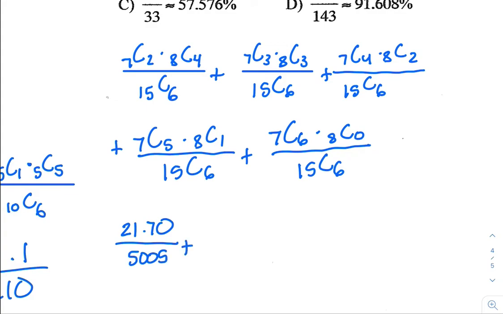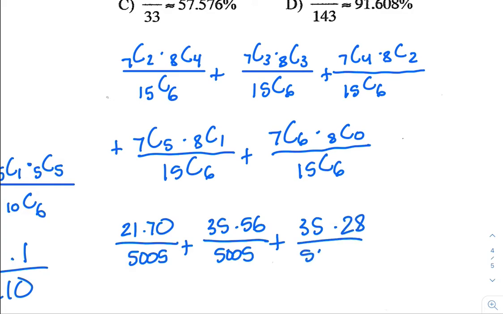Plus, now we're going to do the next one. 7 choose 3, which is 35, times 8 choose 3, which is 56, all over 5,005. 7 choose 4, 35, times 8 choose 2, 28, all over 5,005.